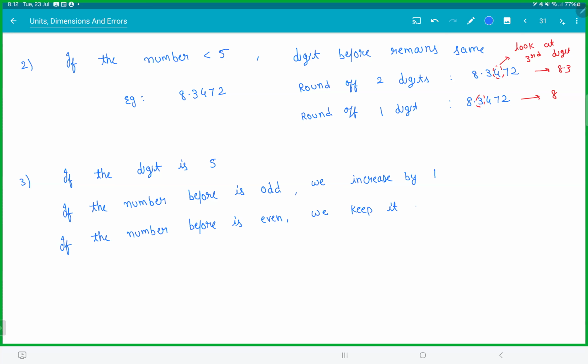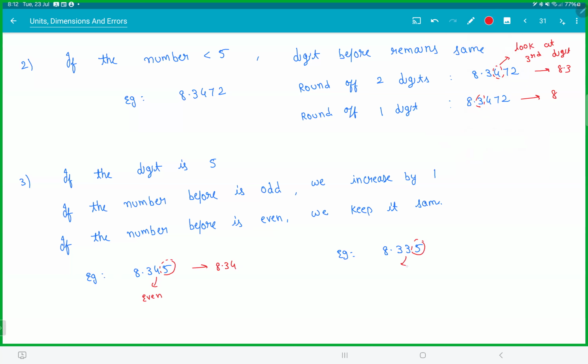Let me show you with an example. Let's say we have 8.345 and 8.335. When you look at this, this is 5 and the number before is even, so I do nothing and I'll just keep it as 8.34.